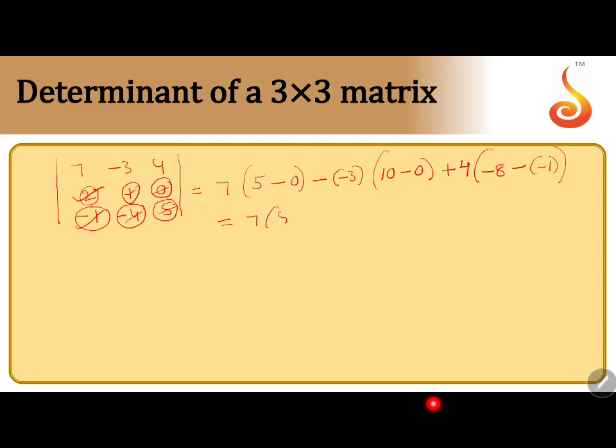So 7 into 5 plus 3 into 10, 4 into minus 8 plus 1, minus 7. 35 plus 30 minus 28. 30 minus 28 is 2. 35 plus 2 is 37. This is a way of finding determinant of a 3 by 3 matrix.